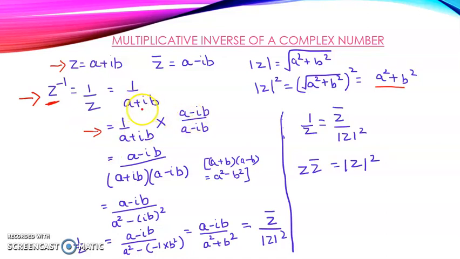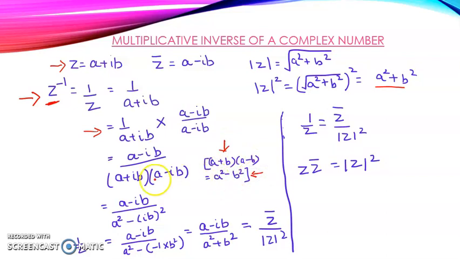The sign of imaginary part is changed, a minus ib, and divided by a minus ib. So what will I get? Multiply this numerator. Anything multiplied by 1 is 1. So a minus ib, and denominator a plus ib into a minus ib, right? So what is the identity we studied in previous junior classes, students? A plus b into a minus b is a square minus b square.